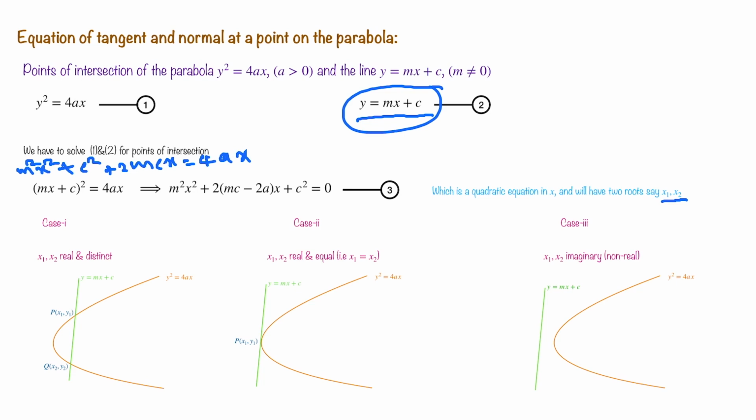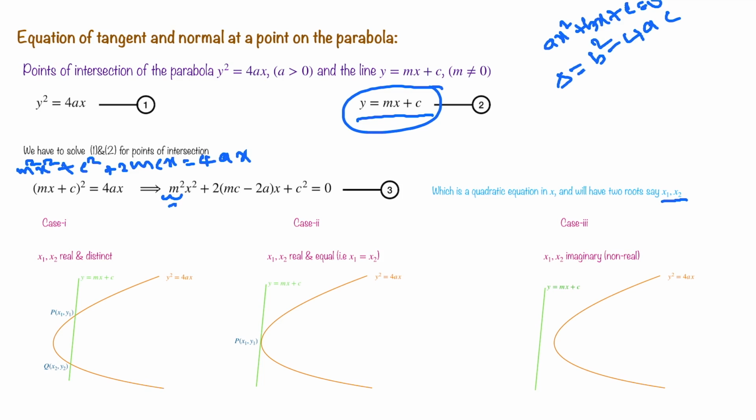We have seen that when we have real and equal roots for quadratic equation 3, then this line will be a tangent. We know that we will have real and equal roots when the discriminant is 0. If you have a quadratic equation like ax squared plus bx plus c, the discriminant is delta equals b squared minus 4ac.